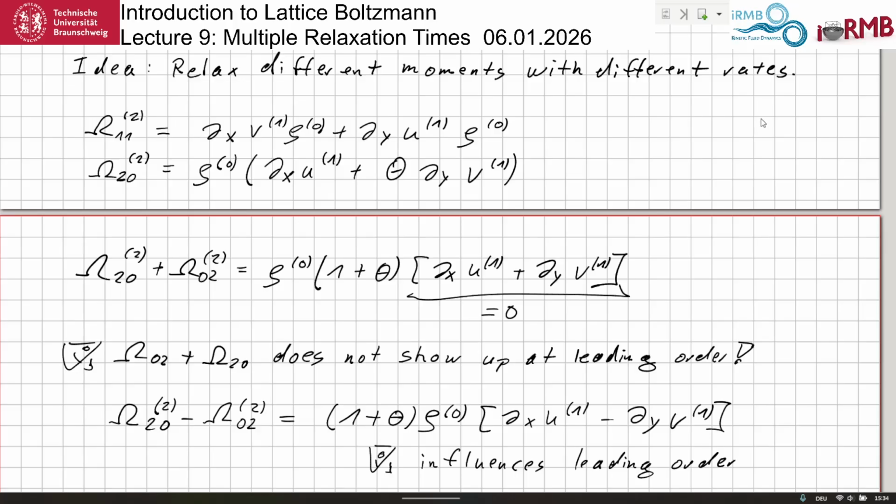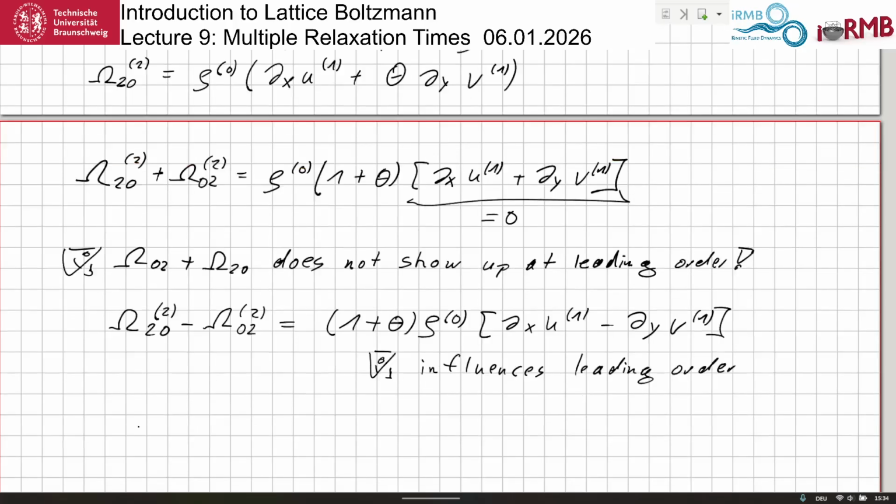So now we can choose different relaxation rates for these things, but we have to do it like this. We have M20 plus M02. These two together, they do not depend on this omega that we use for adjusting the viscosity. So we can give this another omega and we call this omega p. Then we have M20 minus M02.